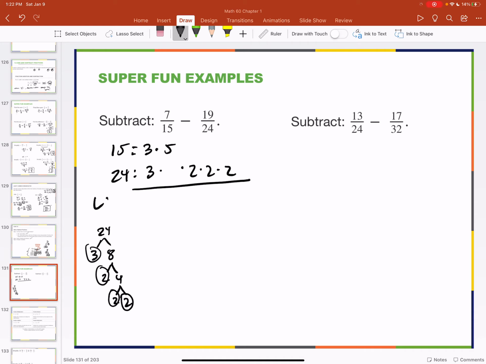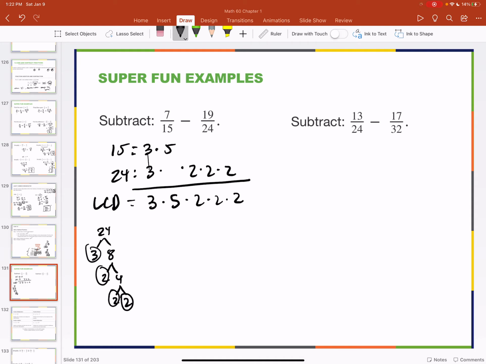So if you want to find the LCD, we just bring down. So this is going to be a 3 times a 5 times a 2 times 2 times 2. And what is that? 15 times 8. 15 times 8, I want to say, is 120. Okay, so then your LCD is 120.